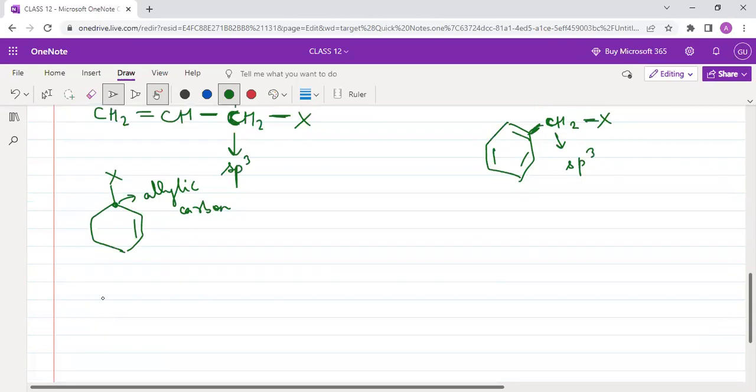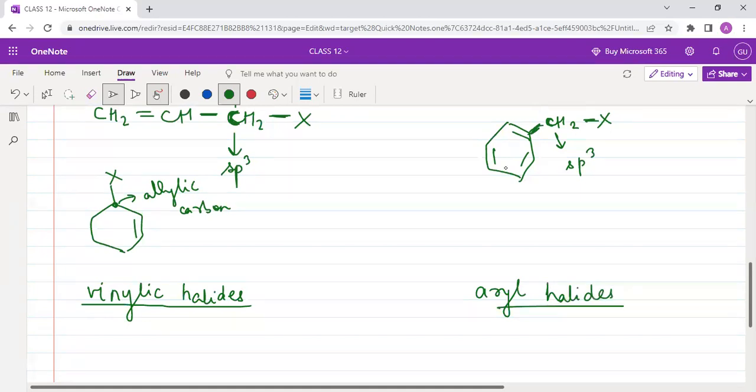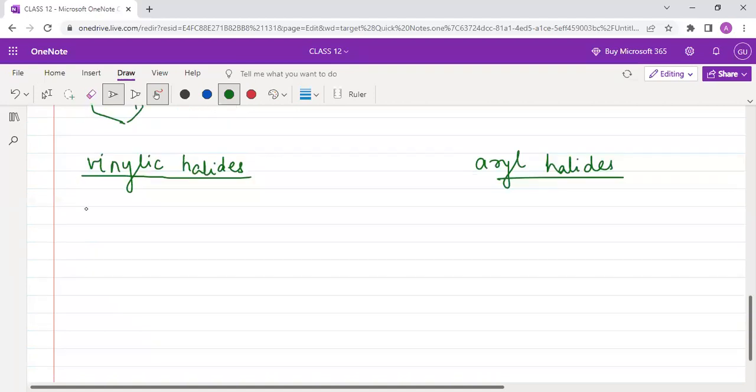Now tell me, what are vinylic halides? It's the same as allylic halides, but with the halogen on the double bond. Here the halogen atom is directly bonded to the doubly bonded carbon, like this.